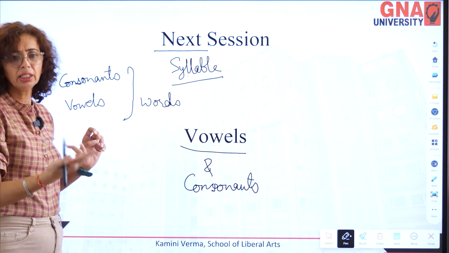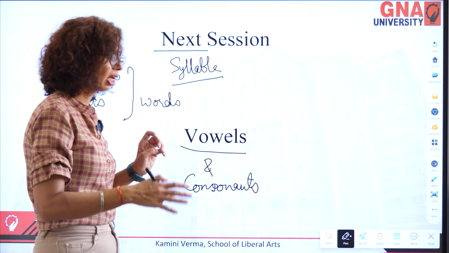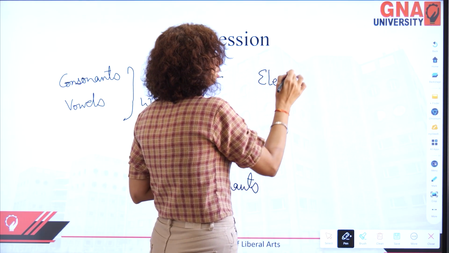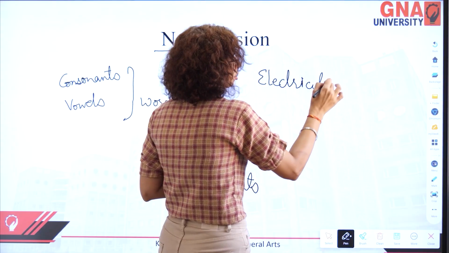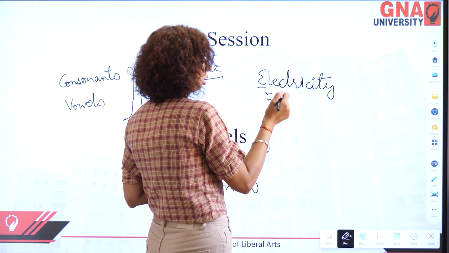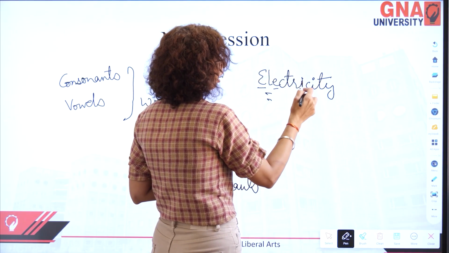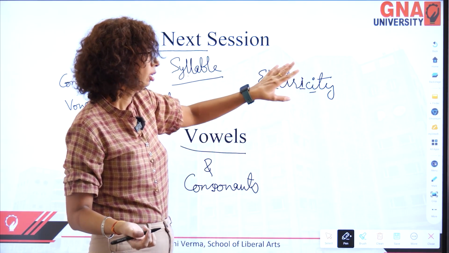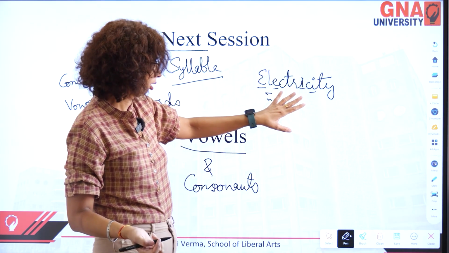Let's take one example over here. With this, I'll sum up my lecture. For example, we'll say the word electricity in English. Right? We are using the vowel alphabets E, I over here.